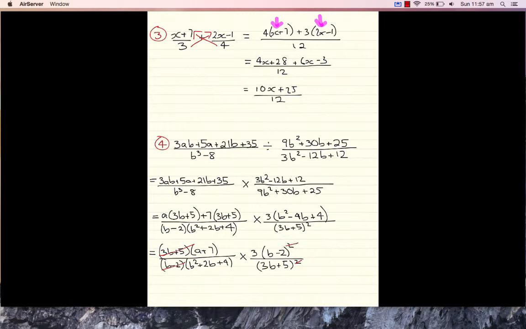So I can also take out b minus 2, which will cancel out and leave me with just 1 b minus 2. So what this is going to end up with is 3 outside of a plus 7, b minus 2, all over 3b plus 5, and then we've got b squared plus 2b plus 4.